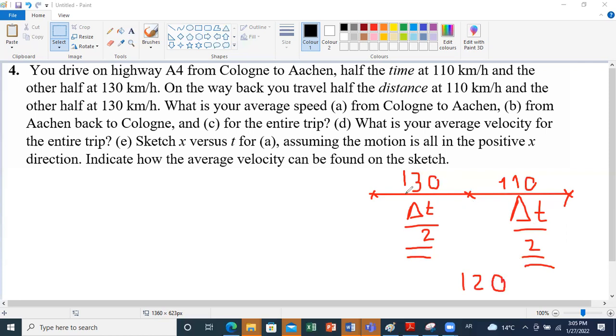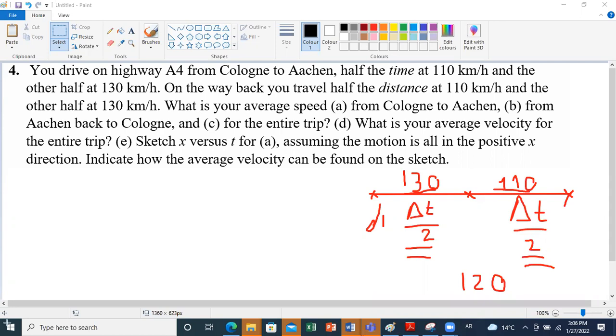So these two velocities have the same weight for time. So if I want to graphically find the distance traveled in phase 1 and in phase 2, all I have to do is the following.